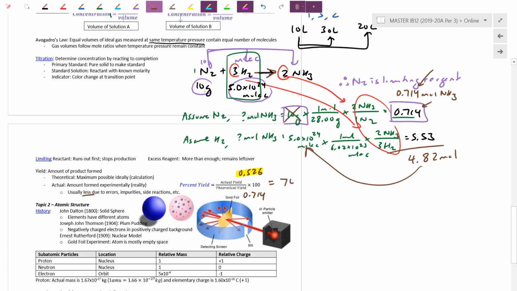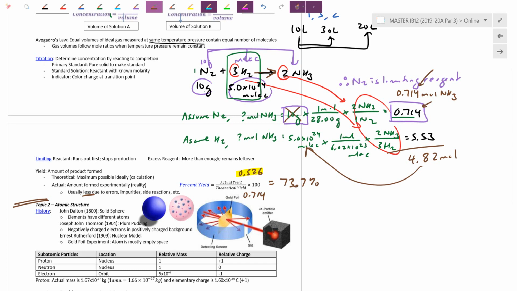Do your significant figures, so I'm getting 73.7%. So out of the 100%, out of the 0.714 that I was supposed to get, I only got 73%. If this was you, I would just track down some of your procedures, see if there's any errors. You can make some improvements in your design to try to up this percentage to get more bang for your buck.